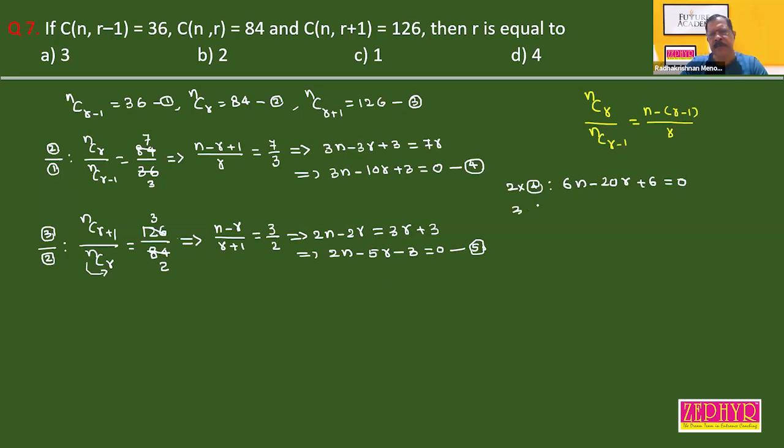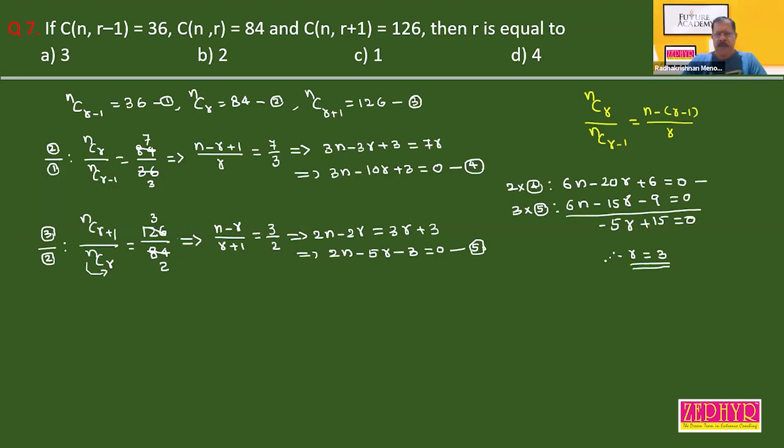Now 3 into equation 5: we are getting 6n minus 15r minus 9 is equal to 0. When you subtract, minus 5r plus 15 equal to 0, therefore r is equal to 3.